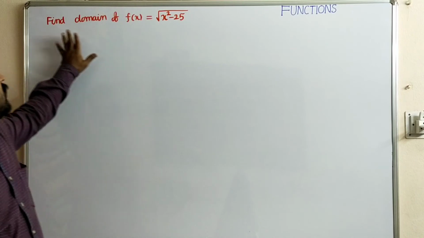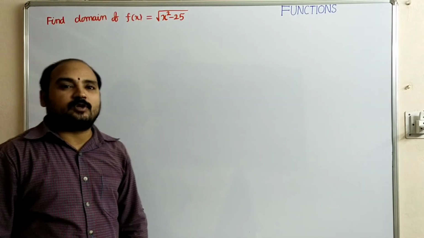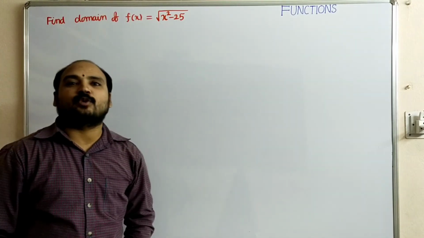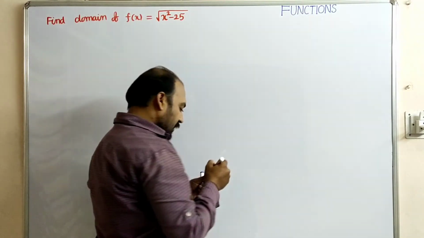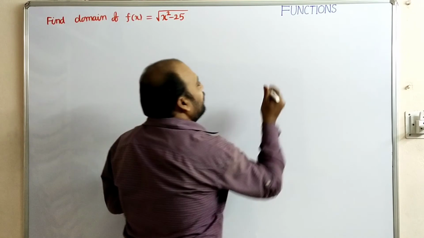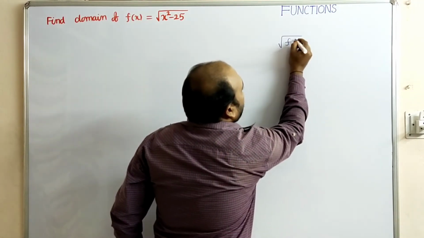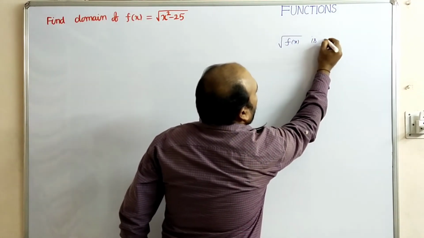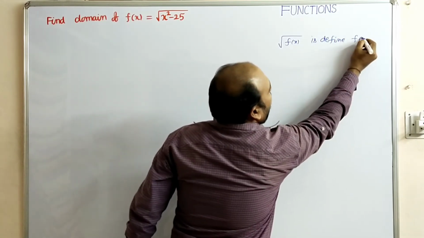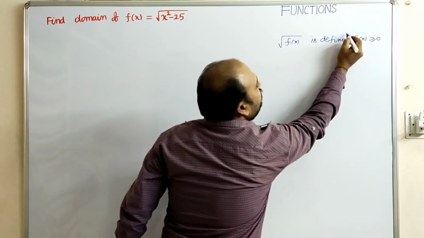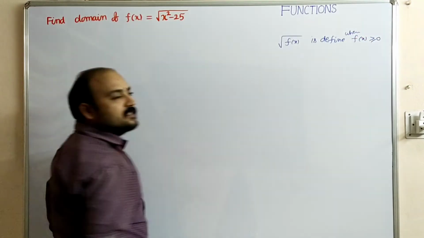Next question. Find the domain of f(x) = square root of x² − 25. We already discussed that whenever the function is in the form root f(x), it is defined when f(x) is greater than or equal to 0.